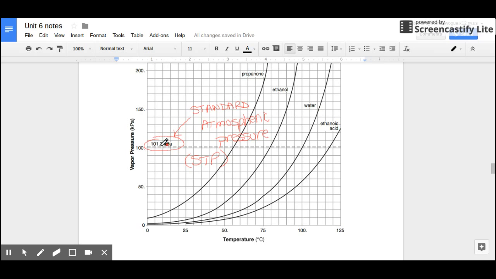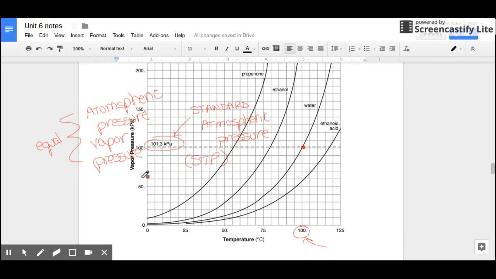If atmospheric pressure and vapor pressure are equal, we are at the boiling point. So let's say our atmospheric pressure and vapor pressure are 101.3 kilopascals. If you follow that over to water, you'll notice that water boils at 100 degrees Celsius, which is good news because that's what we know it boils at.